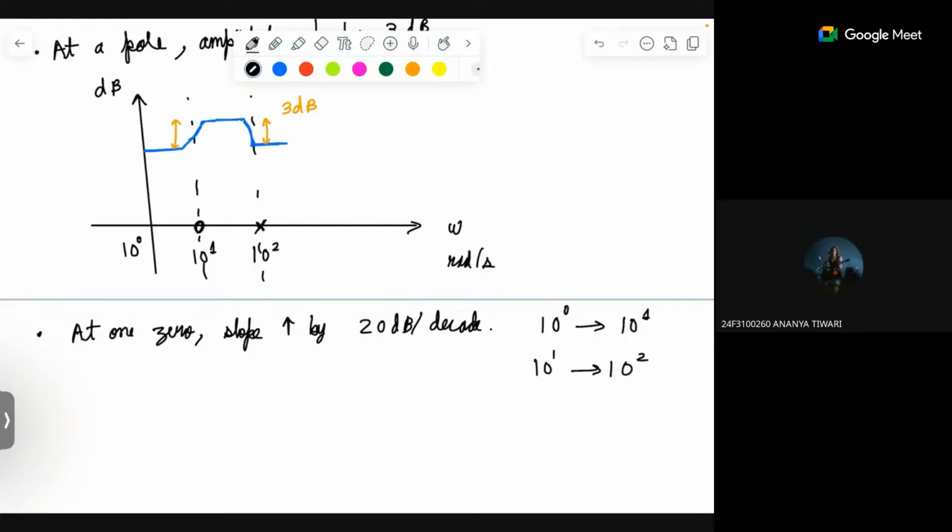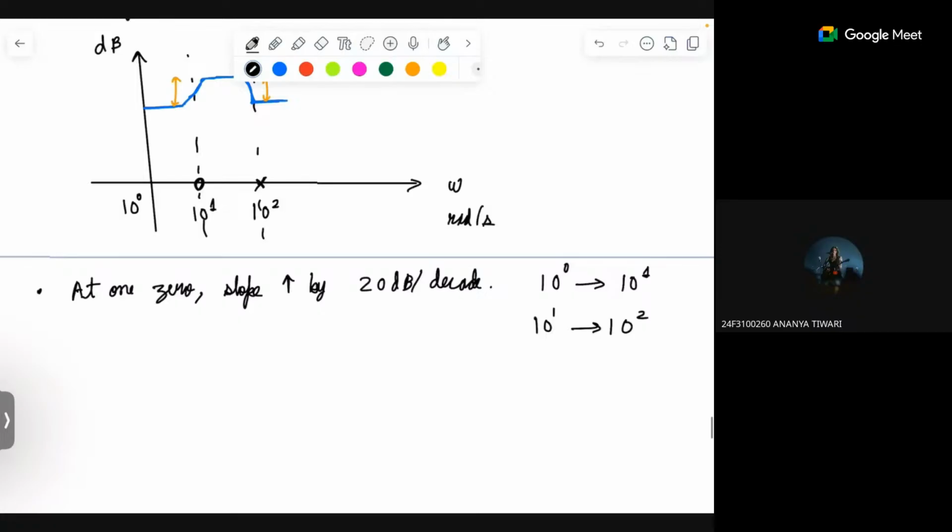Yes, ma'am. So what this 20 dB per decade means is, in this magnitude plot where the magnitude is in dB and the frequency is in radians per second, my slope will increase by 20 dB for 1 decade, that is, when the frequency becomes 10 times. Is this clear? Yes, ma'am.